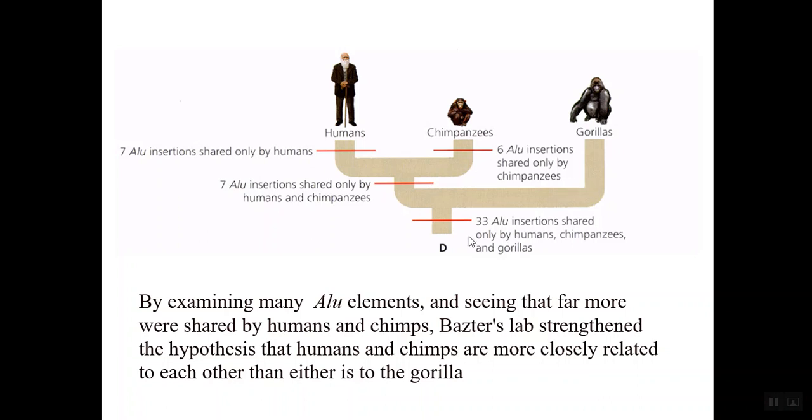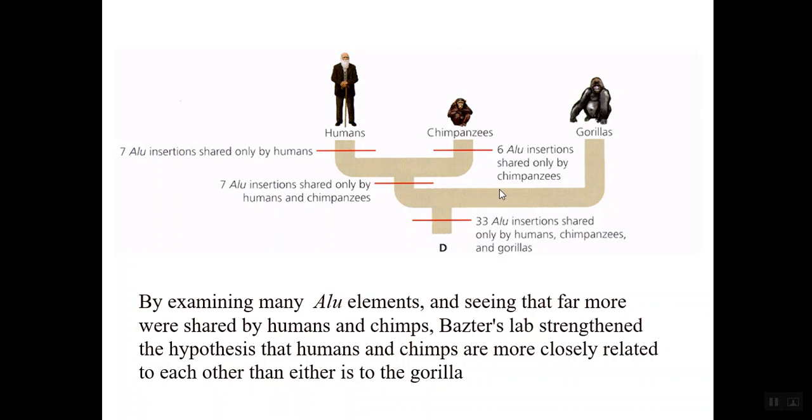And so based on the comparison of the ALU insertions and their mutations, Batzer and his group were able to strengthen the hypothesis that was already out there, that humans and chimps are more closely related to each other than either is to gorillas.